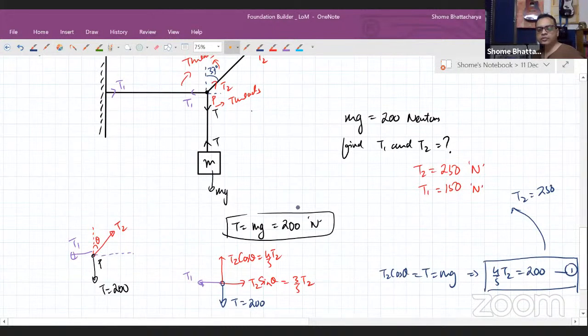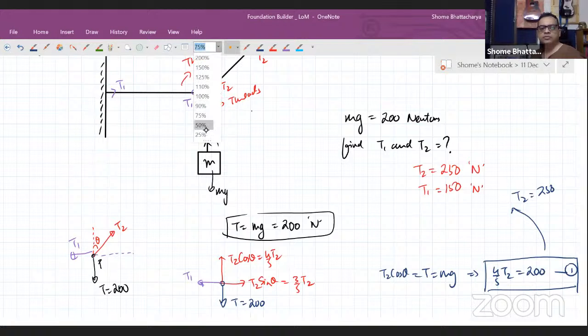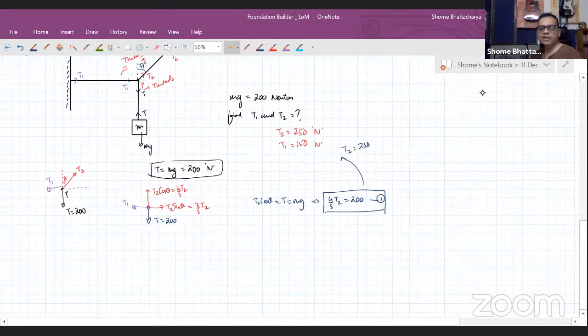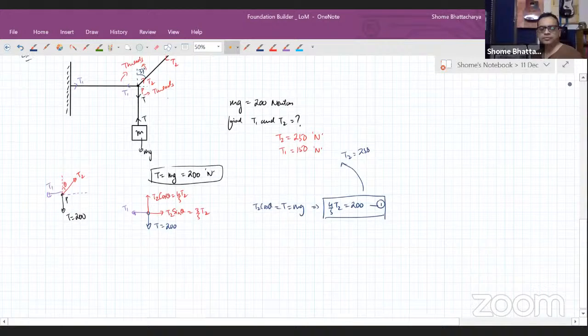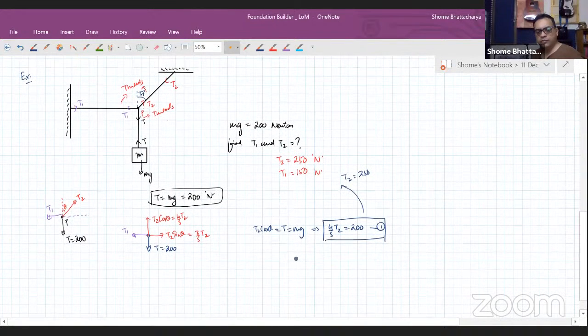And then you have the second equation where the horizontal components have to be balanced. So you have T2 sine theta balancing T1. So T1 is 3 by 5 T2, so that is 3 by 5 into 250.